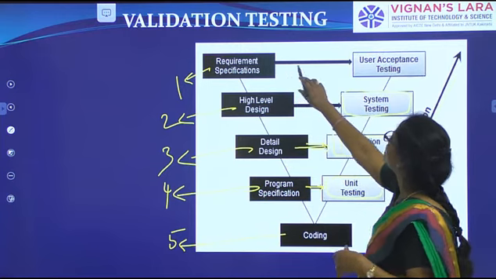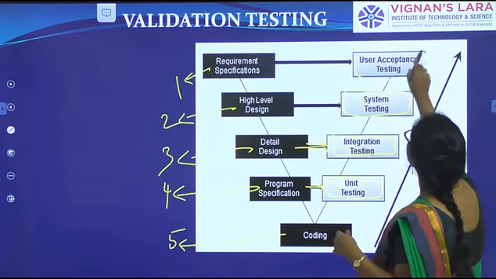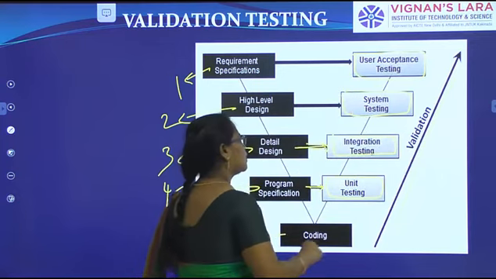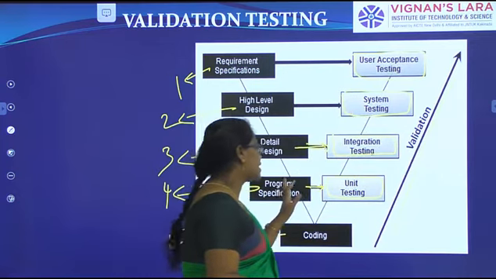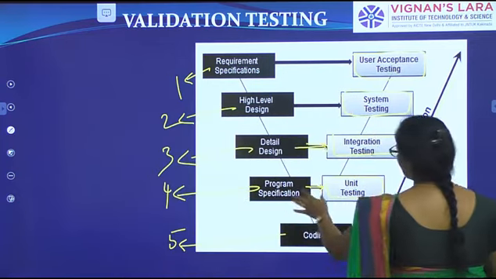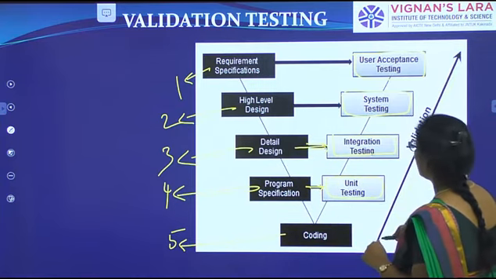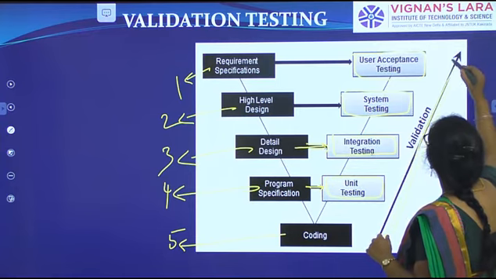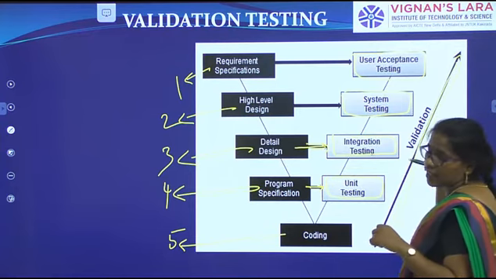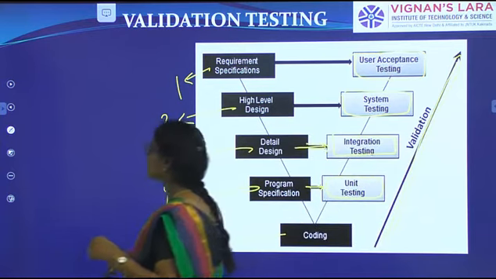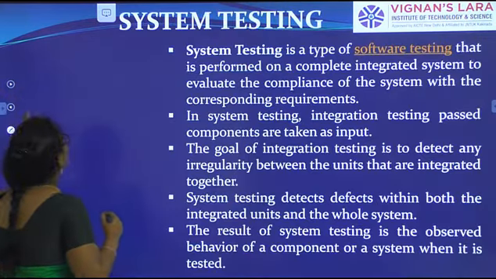And the requirement specification is user acceptance testing. Like this, for each step there is one testing. In these testings, according to the requirements they have taken, if it is getting the expected output, then it is called the right product is developed. So this is the V model.